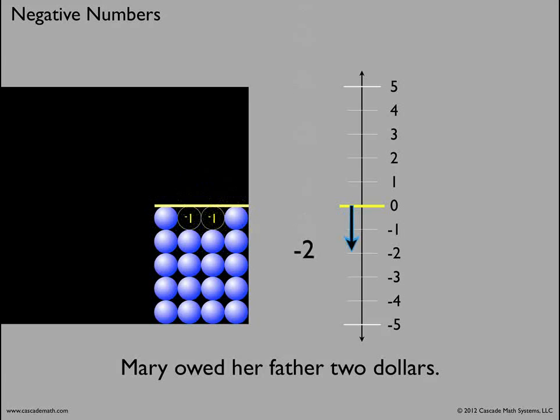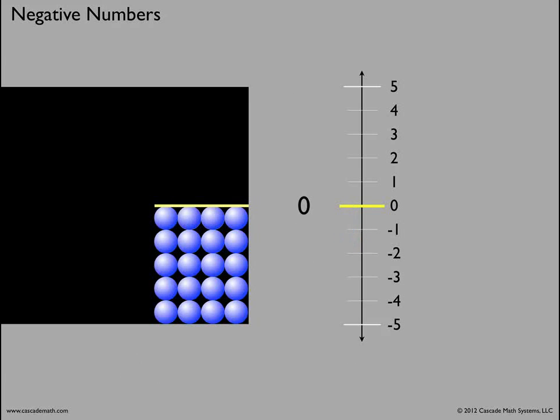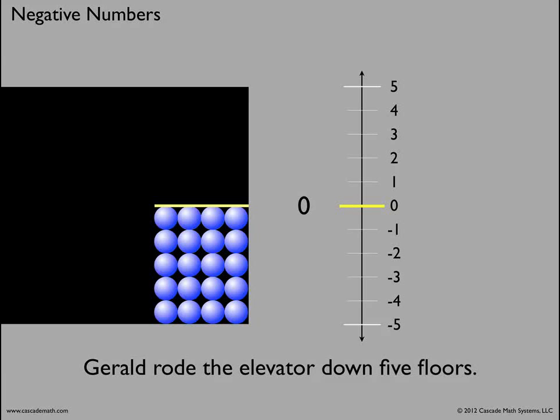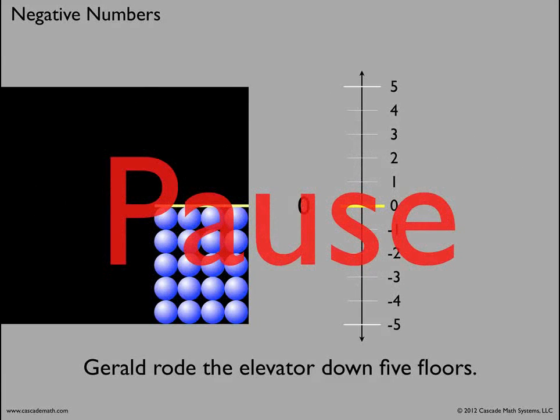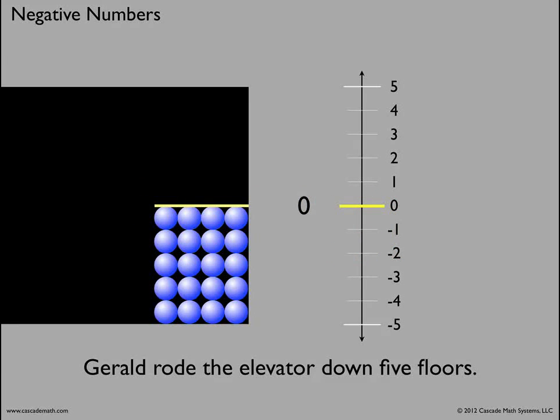Negative 1, negative 2. Let's try another one. Gerald rode the elevator down 5 floors. Here's how I represented it. Since the elevator went down, I represented it as a negative 5. Negative 1, negative 2, negative 3, negative 4, negative 5.